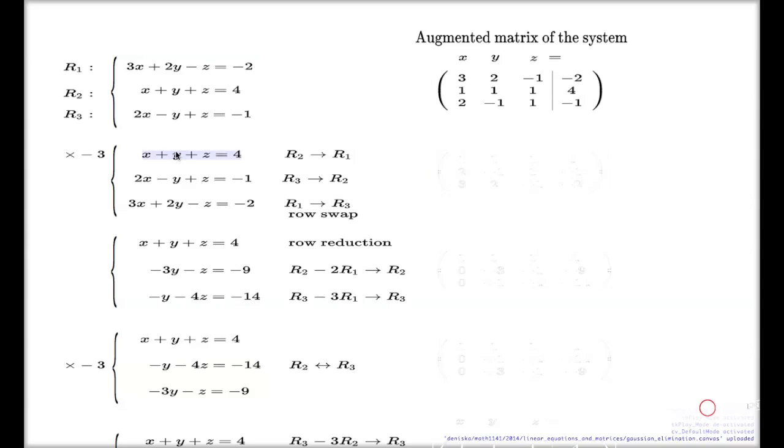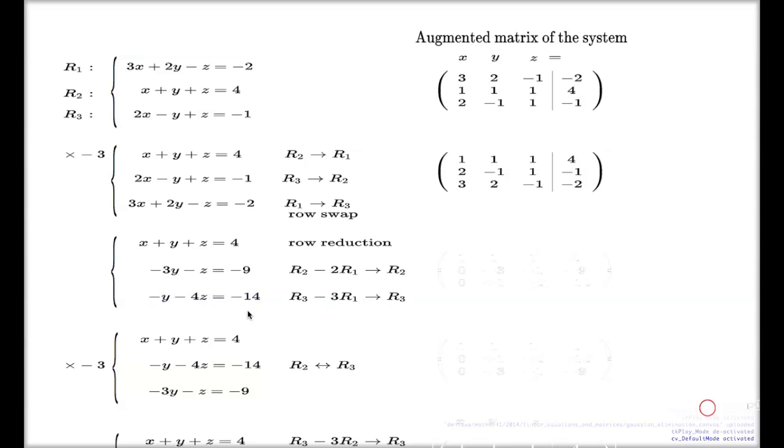It will all correspond to the system on the left-hand side. For instance, if I swap now actual rows, no longer equations, here's the result of the swapping. My second row went into the first position. My last row went into the second position.